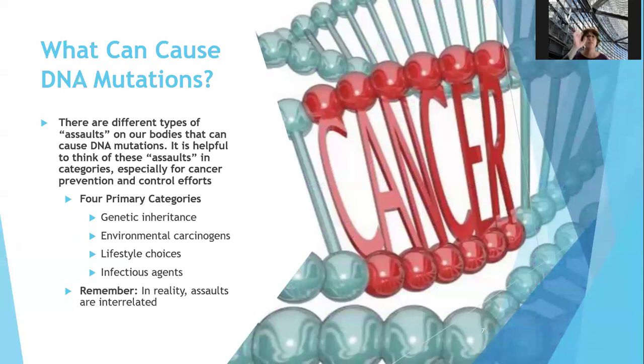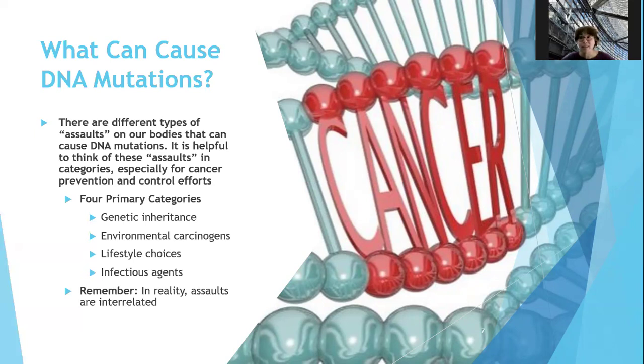So lots of different things can cause genetic mutations. We're getting assaults on our bodies at all times, and so four primary categories of things that can cause DNA mutation are genetic inheritance. What are you going to do about that? Environmental carcinogens, like don't breathe polluted air, you know, and expose yourself to benzene and gasoline and all those enes.